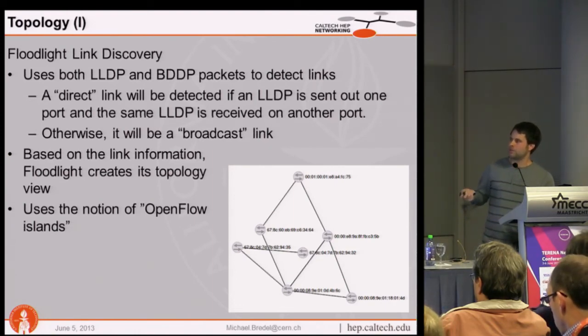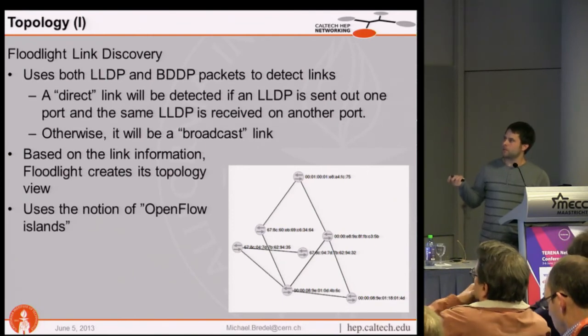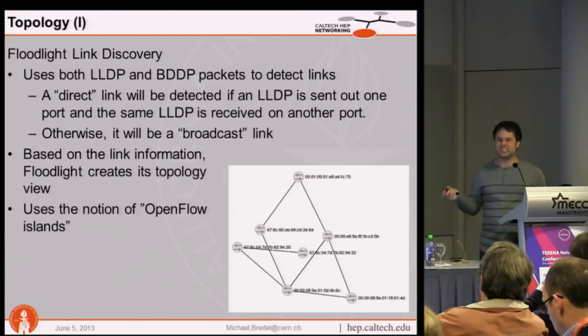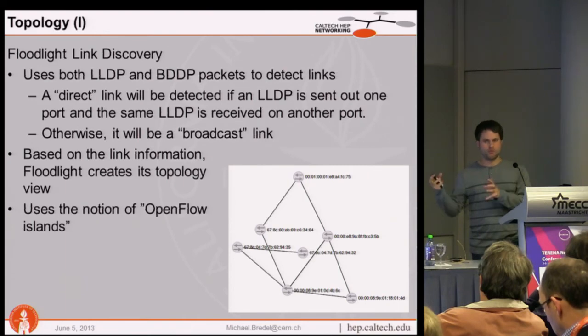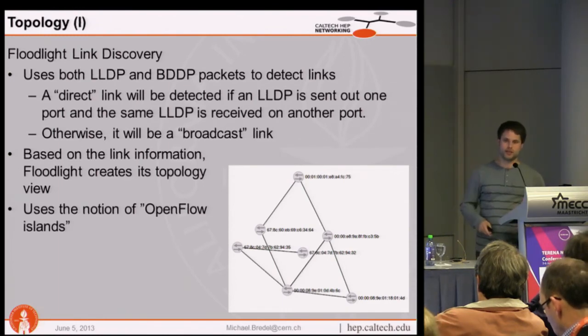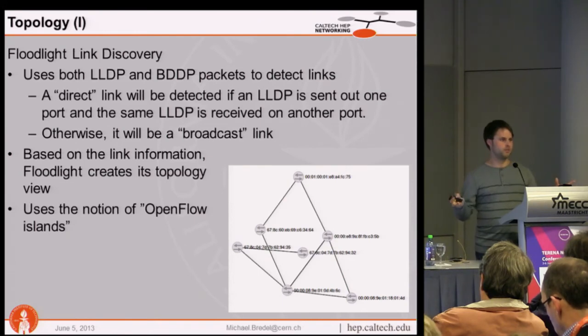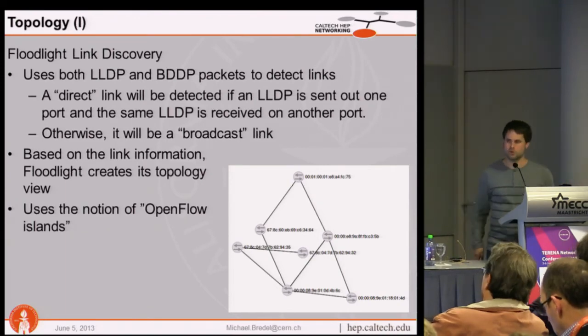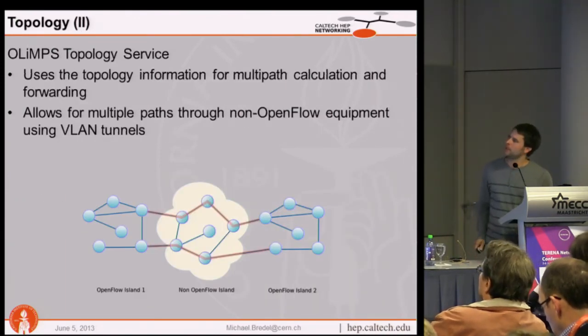Also important, Floodlight uses the notion of OpenFlow islands. These are OpenFlow switches that are directly connected with no other equipment in between. To connect these OpenFlow islands, if you have non-OpenFlow equipment in between, is kind of tricky, and it's actually not allowed by the original Floodlight, so we also did some modifications and tricks to have multiple paths through non-OpenFlow equipment.